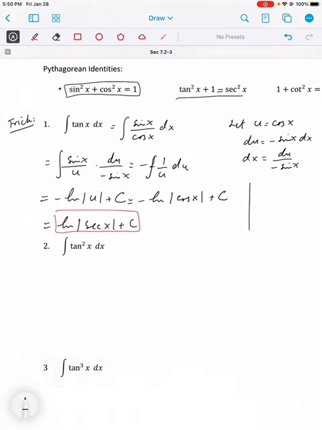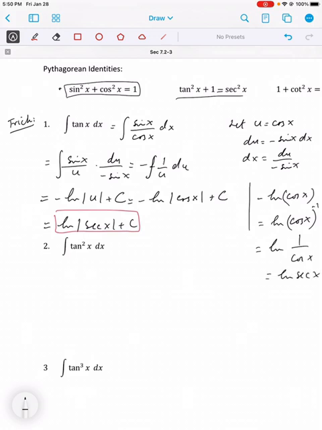So remember, negative ln of cosine of x can be written as ln of cosine of x whole raised to the power negative 1, or ln of 1 over cosine of x, which is equal to ln of secant of x.